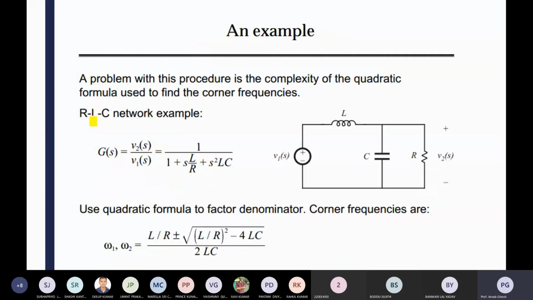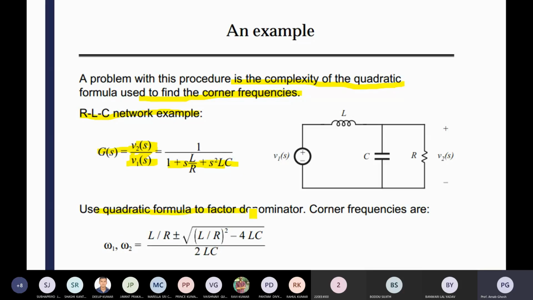So for example, for the RLC circuit, we use the quadratic formula to find the corner frequencies. You need to calculate G(s) equals V2(s) by V1(s), which is the transfer function. It is 1 by 1 plus s into L by R plus s square into LC.